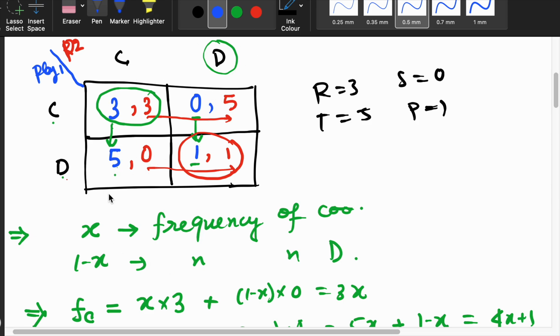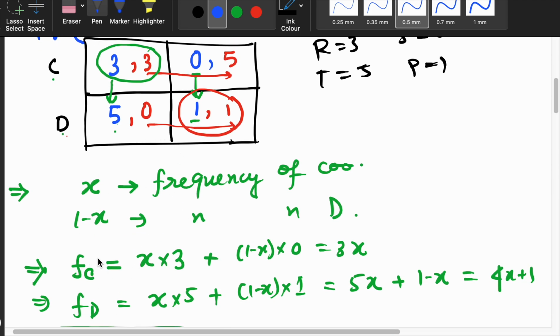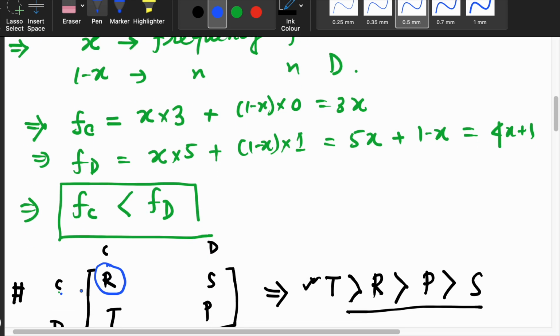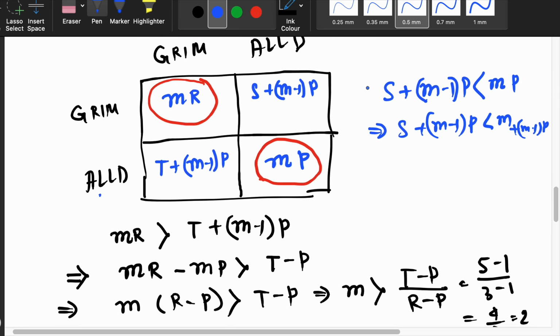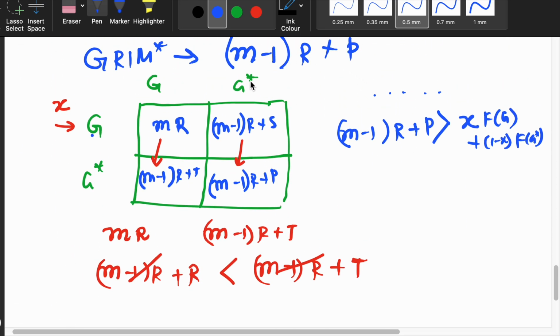If I calculate the fitness of FC and FD, you find that here also the population will go towards the all-defect state. You can think of X as a mixed strategy. No matter what the strategy, no other strategy will invade green star.